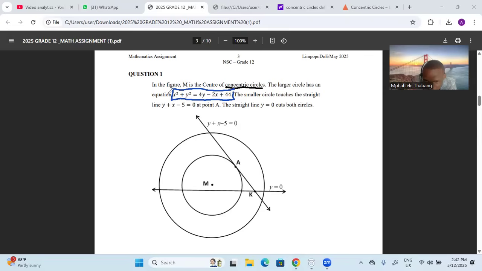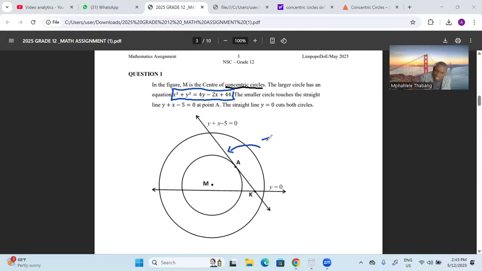The smaller circle touches the straight line y plus x minus 5 equals 0 at a point A. What they are saying here is that the small circle is touching the straight line only at one point, which is point A. And also one can say the straight line is touching the small circle only at one point, which is point A. So we can see this straight line as a tangent.